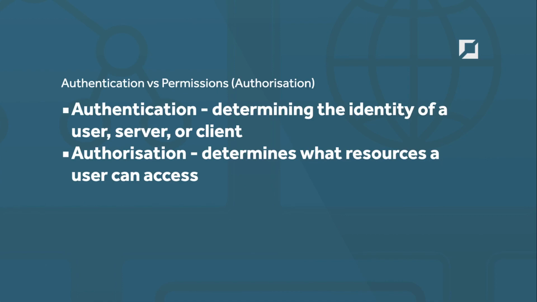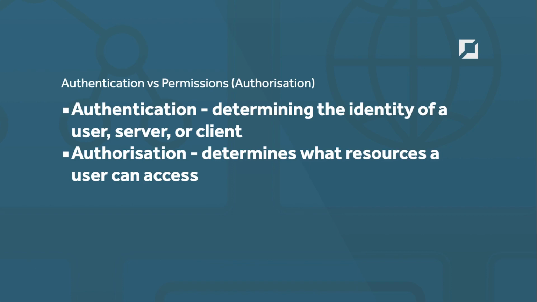So you may already be familiar with authentication, the ability to determine the identity of a user, for example. That could just be a simple login system and then authenticating that person as a user of your system. Of course, it's not always a user that you're trying to authenticate. Maybe it's some sort of external server or client.